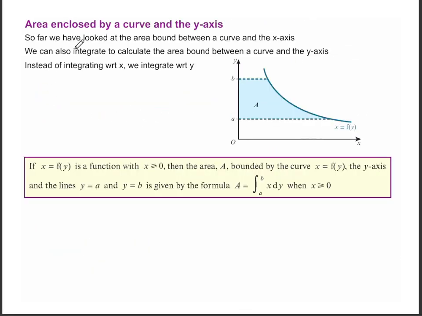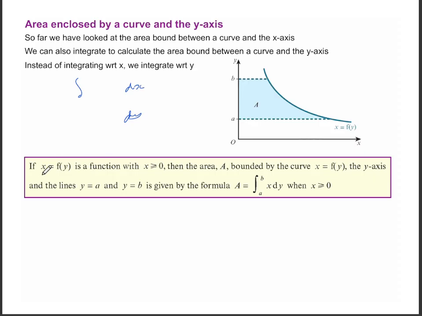Now, until now, we have looked at the area bounded by a curve and the x-axis. But we can also integrate the area bounded by a curve and the y-axis. So instead of integrating with respect to x, which has dx as our integration term, we will integrate with respect to y. So we'll have dy as our integration term.